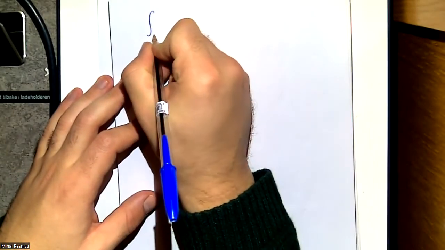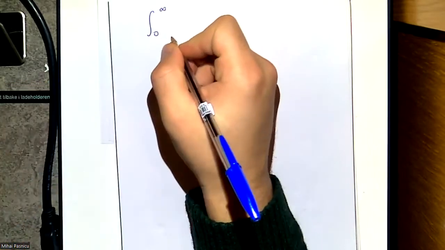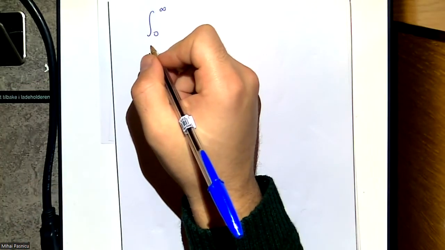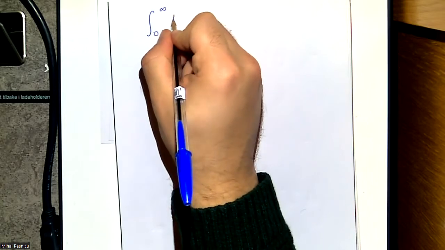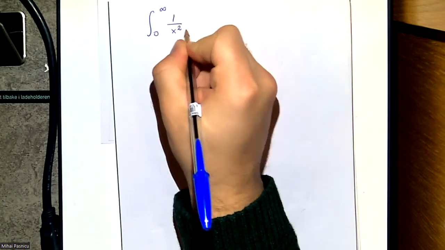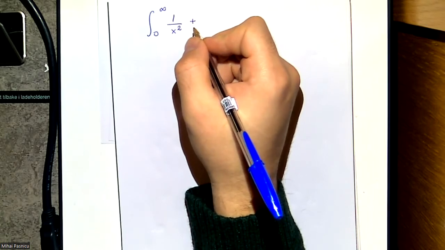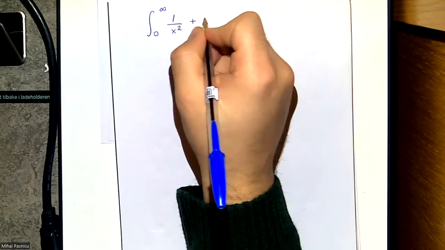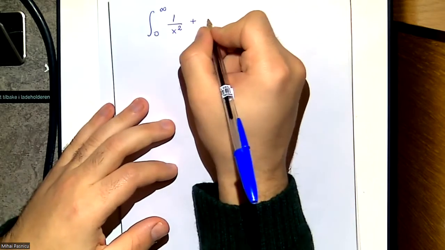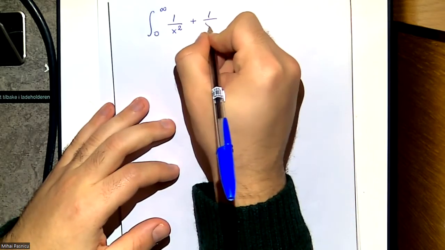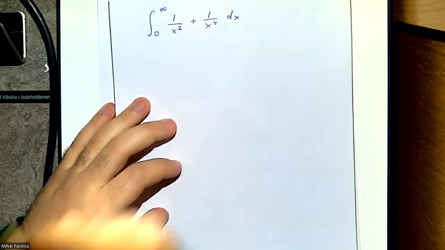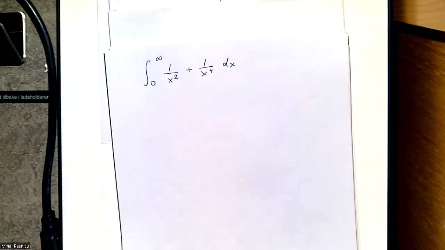So let's do the integral from 0 to infinity of 1/x^2 plus 1/x^4, okay, I'm lazy, let's do it like this. I'm just taking this thing. It's a power function, so technically it shouldn't be bad.